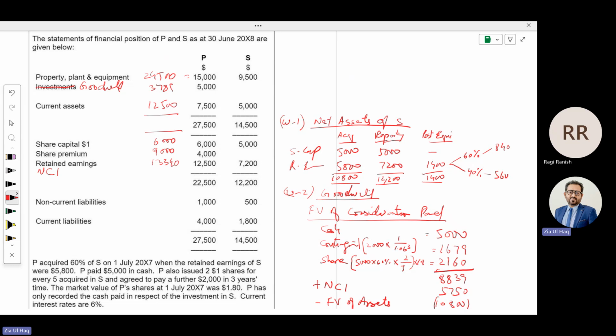Non-controlling interest, we are having figure 5,750 plus 560, that is 6,310.